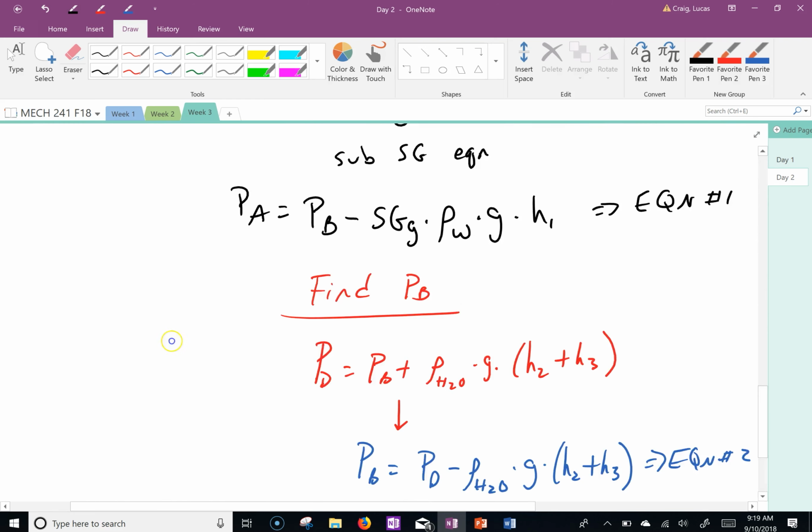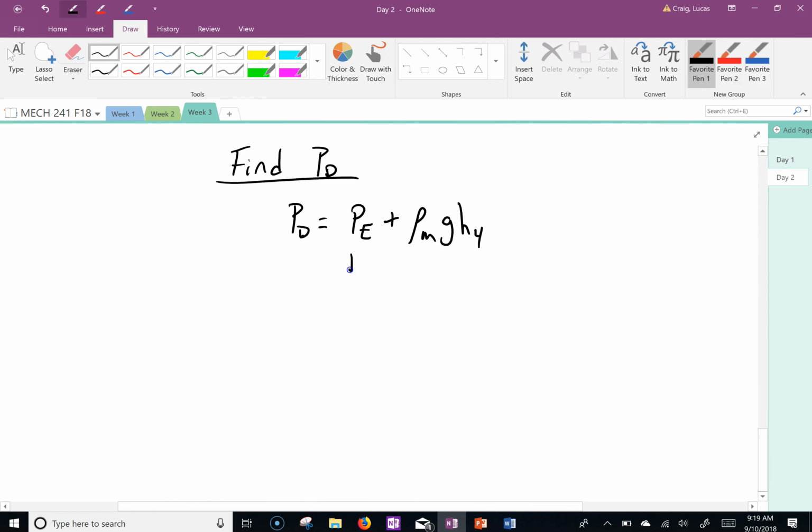And what did we say PA was? What am I going to do here? So I'm going to say sub PE equals P atmosphere and the SG equation.